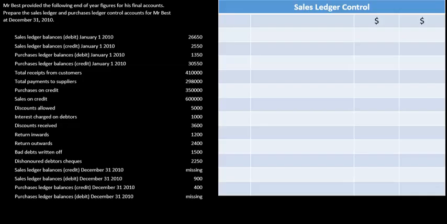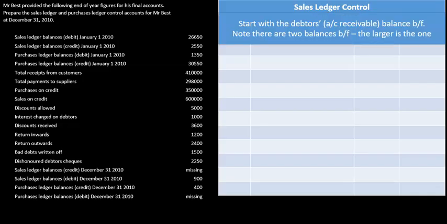Okay, to do the sales ledger control, step number 1 would be to start with the debtor's balance brought forward. Now, if the question has two balances brought forward and two balances closing it off, carried down, then the larger of the two balances, whether at the beginning or the end, are the main balances we are to be using.